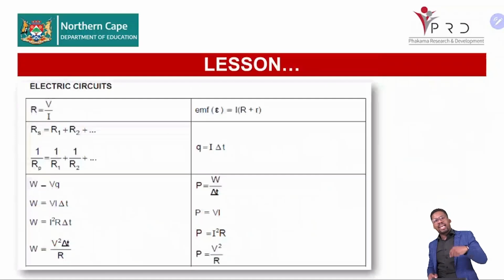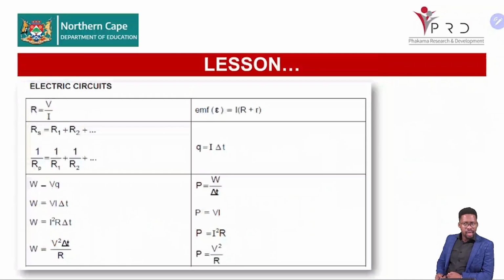But you don't get that mark if you don't substitute. You must use that formula. So you'll find a formula sheet that is full of different formulas. When you deal with electric circuits, you must go to the section on electric circuits, because these are your tools that you are going to use to perform calculations.